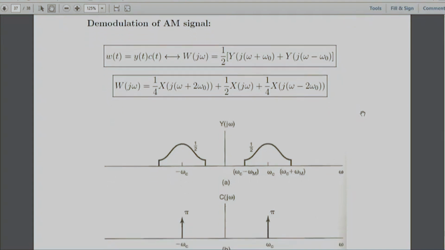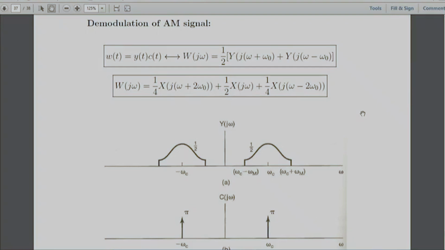And the beauty of this scheme is that the way you bring it back is you do exactly what you did to create the modulated signal. y of t was this guy. This is y of j omega, the signal that has this transform. You just multiply it by the same carrier signal, the same cosine you used to get this in the first place.